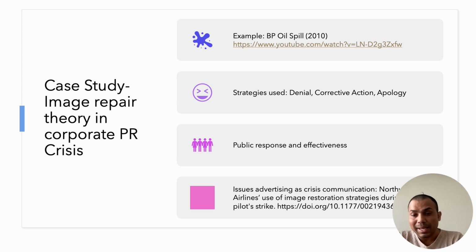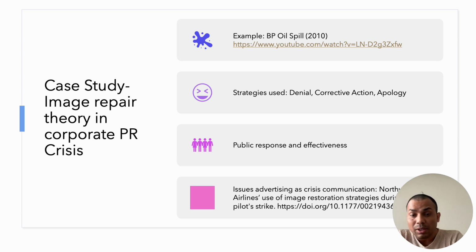So this is one example of a case where we can apply this image repair theory in the public relation context. So another one is here. This one case is really important. If you read this paper, you can easily see how we can apply this image repair or restoration theory in the research context of different crises.